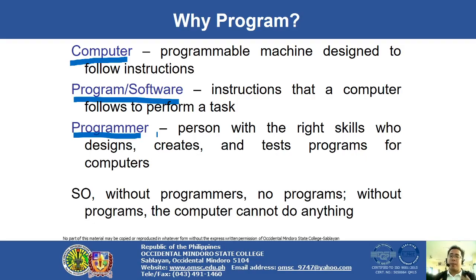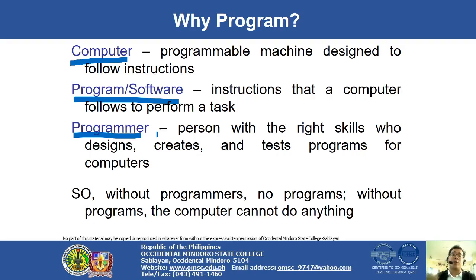So the applications we use every time, say for example, we do spreadsheet work, we use Excel, Microsoft Office Word, Microsoft PowerPoint, or browsers or different applications. The person who designs, creates, or tests that is the programmer.